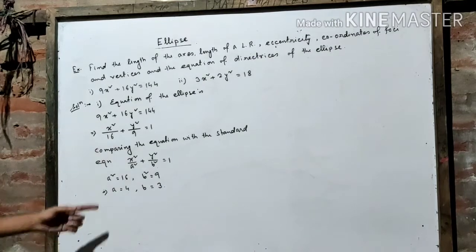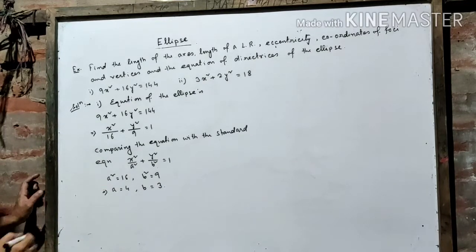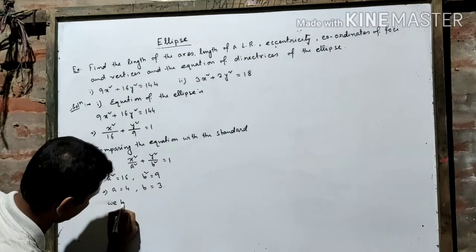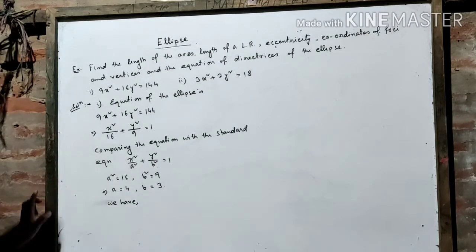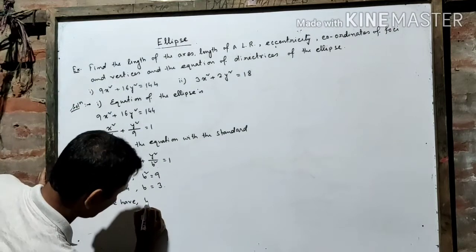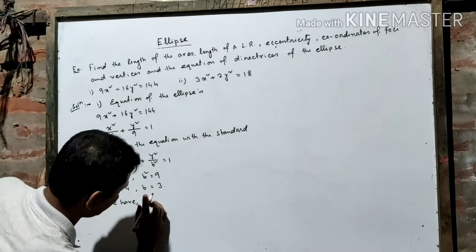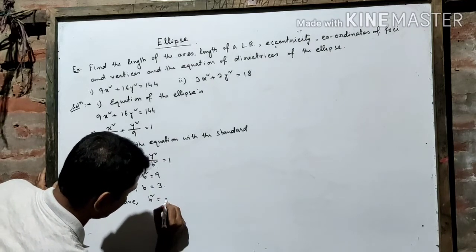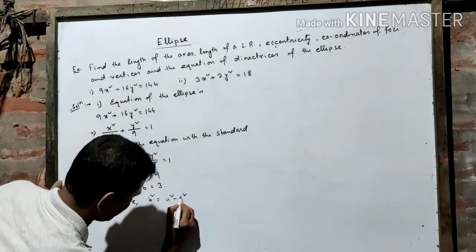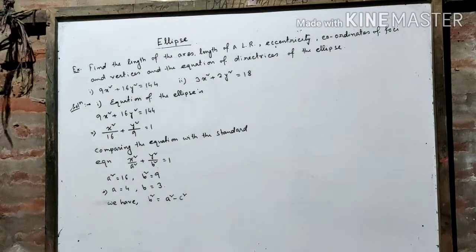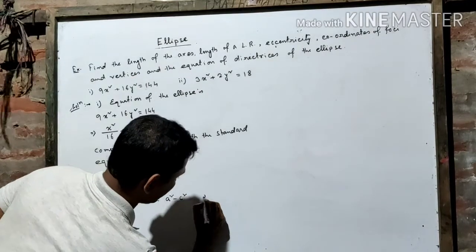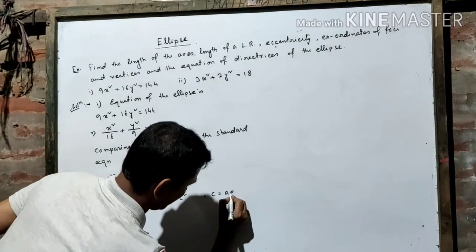Now we can find the eccentricity. We have b square is equal to a square minus c square, where c is equal to ae.